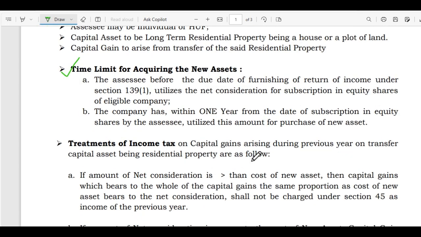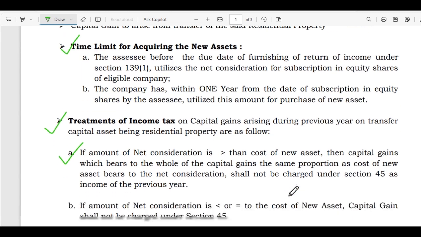Treatment of income tax on capital gains arising during the previous year on transfer of capital assets being residential property are as follows. A. If the amount of net consideration is greater than the cost of new asset, then capital gains which bear to the whole of the capital gains the same proportion as the cost of new assets bear to the net consideration shall not be charged under section 45 as income of the previous year.